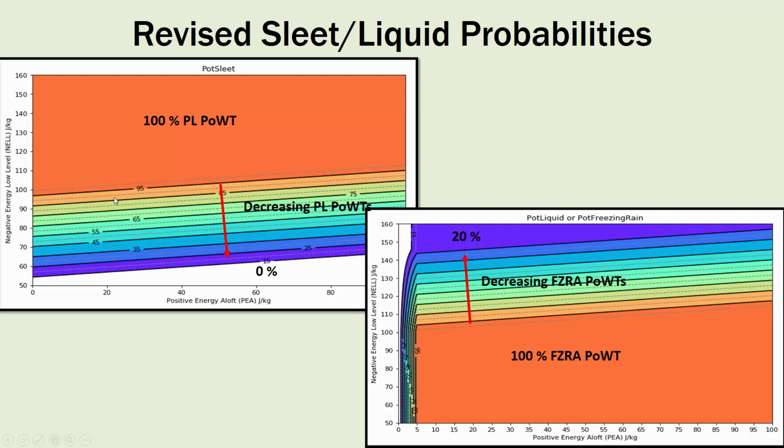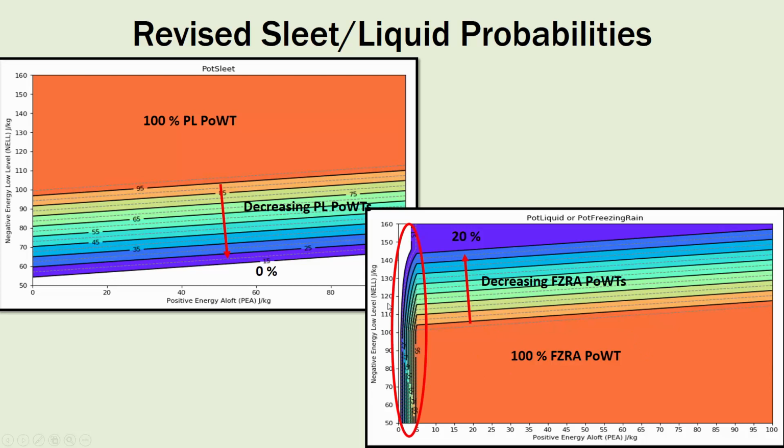So again, you're going to get a mixed zone, so it could be messy during mixed precipitation events. But we rapidly decrease our freezing rain probabilities above this value, with them dropping to a low of 20% once we get above a y-intercept of 140 for the negative energy.